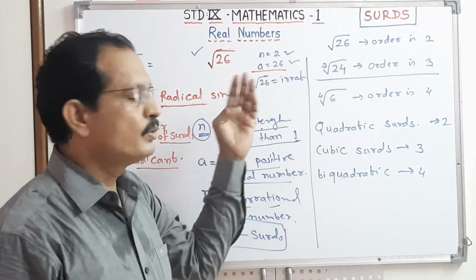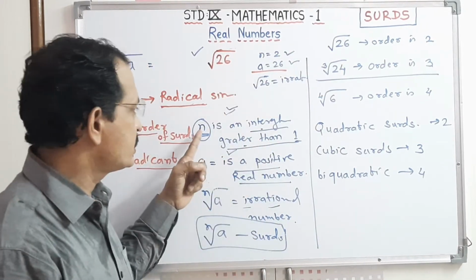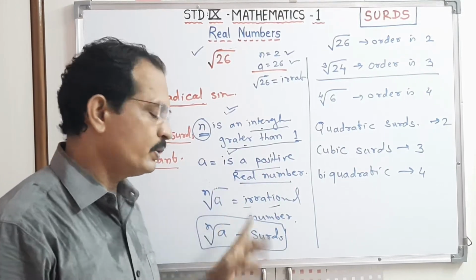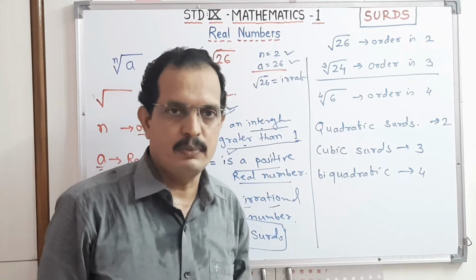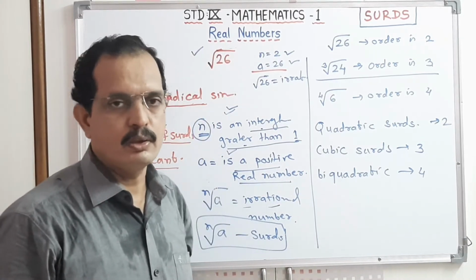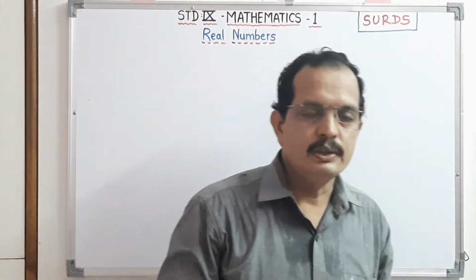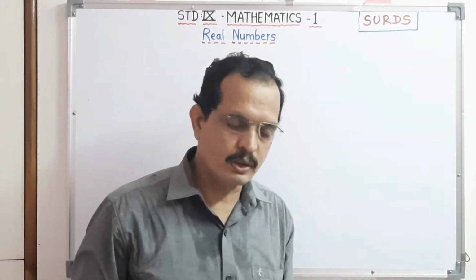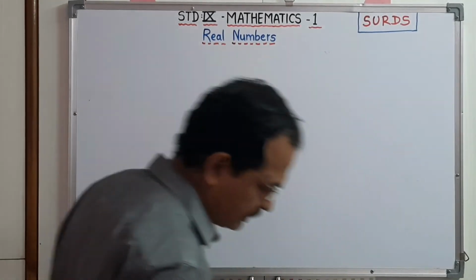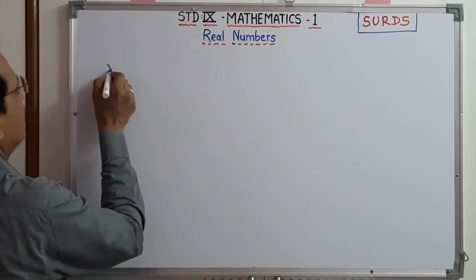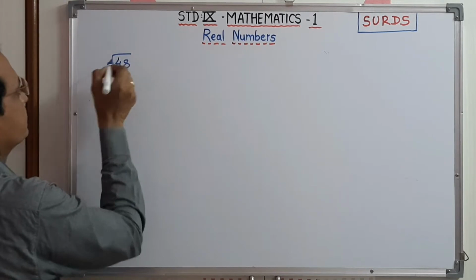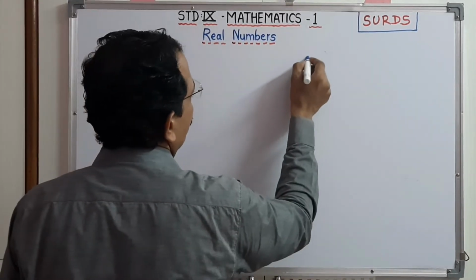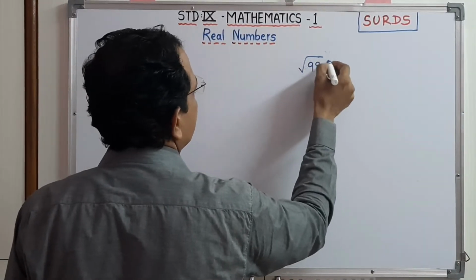What is a surd? For that purpose, we have to follow 3 conditions. The order is an integer greater than 1, the radicand is a positive real number, and the third one, the number is irrational. We have to see another topic. Yes students, now we have to learn the simple form of the surds, or the simplest form of the surds. Suppose I write here one surd, root 48, and second one is root 98.